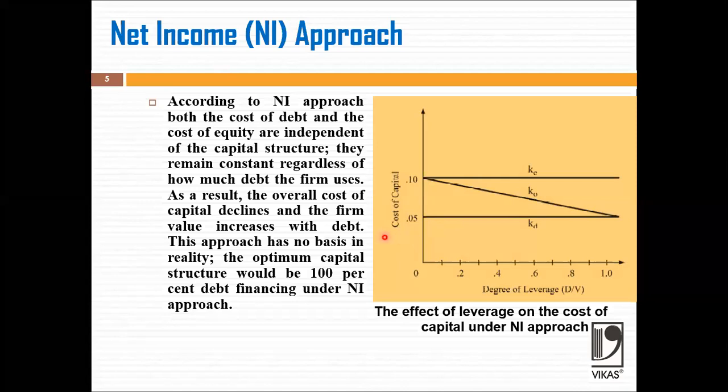And this line, 0.5, means what? 0.5 is the cost of debt. 0.10, here this one is what?